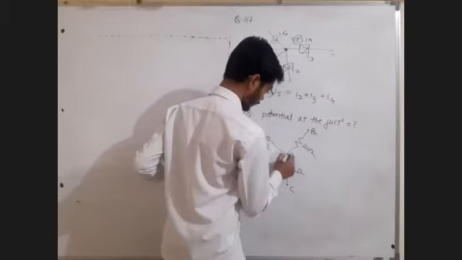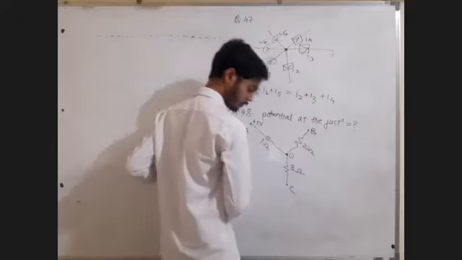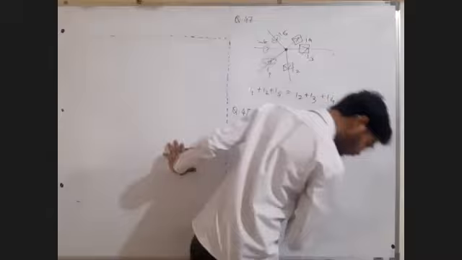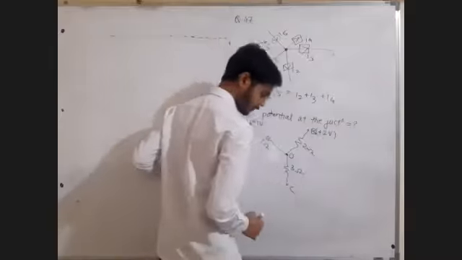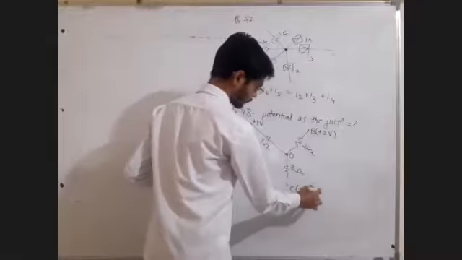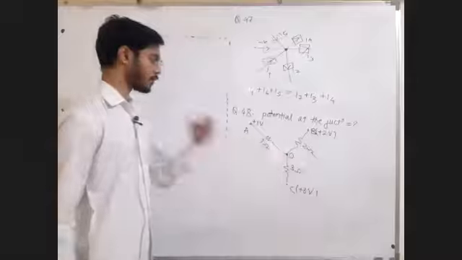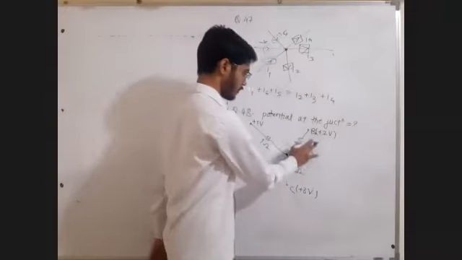Okay, potential at this point we want to find out. Here potential is plus 1 volt, here it is plus 2 volt at point B, at point C it is plus 3 volt, and now you want to find out potential at point O. Net entering current or net leaving current is equal to 0.